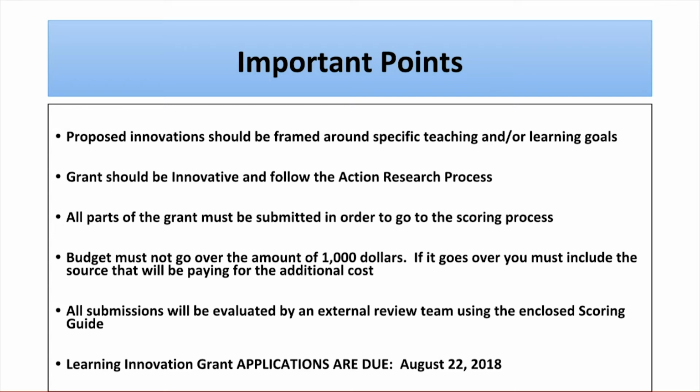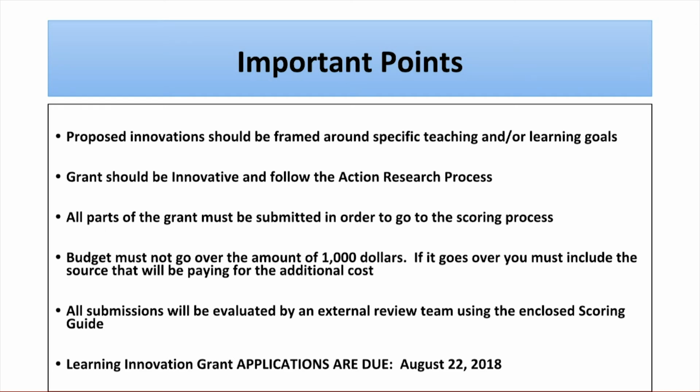Now, important points, just to reiterate some stuff. Proposed innovations should be framed around specific teaching and or learning goals. Grants should be innovative and follow the action research process. All parts of the grant must be submitted in order to go to the scoring process.